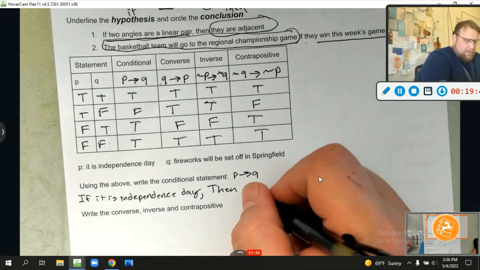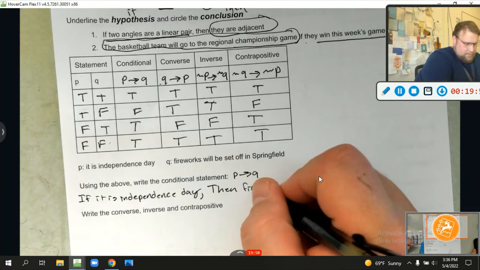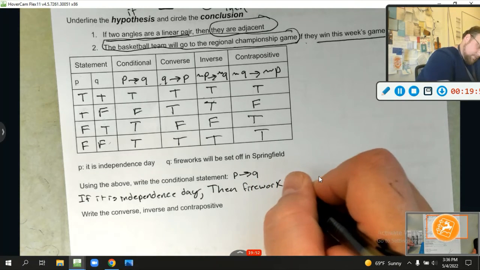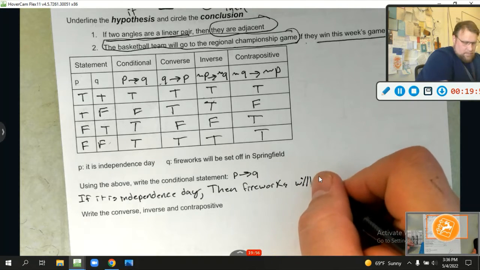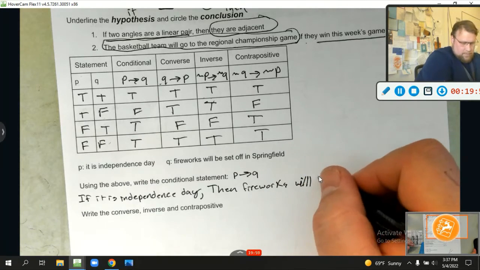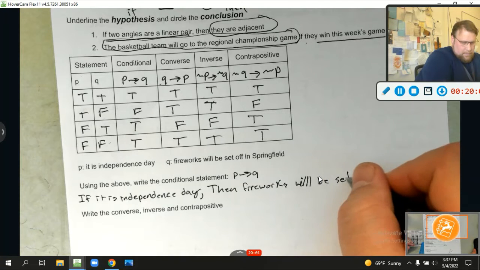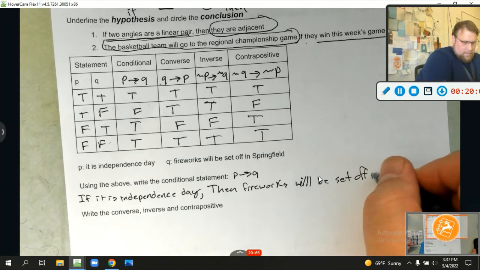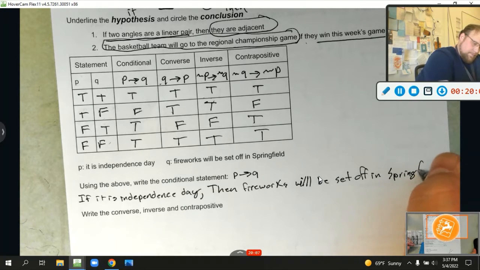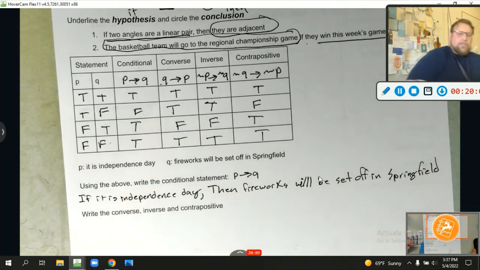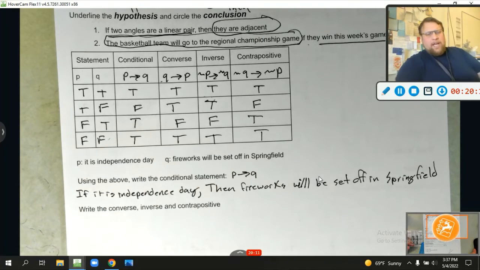Fireworks will be set off in Springfield. That's our OG statement.